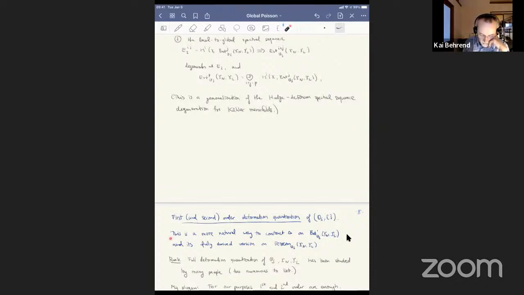So I wanted to say this, there's a more natural way to construct this delta on the X instead of gluing, and its fully derived version.